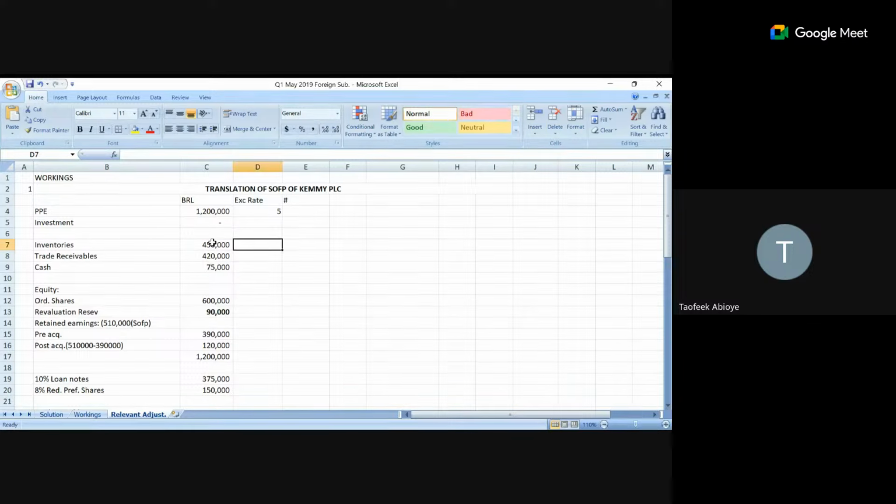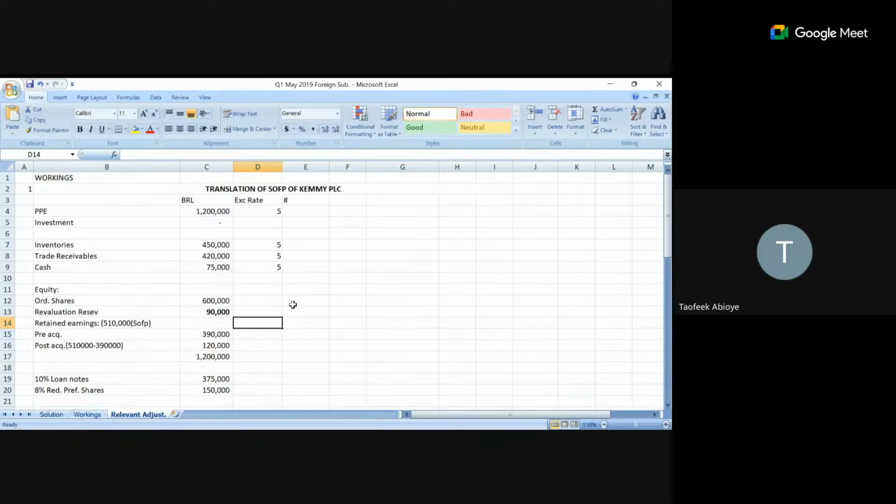And that is why we have 450 here. What is the exchange rate? The same 5. Now, trade receivable 420. What is the exchange rate? 5. Now, cash is 75,000. What is the exchange rate? 5. All items of SOFP will be translated using 5.